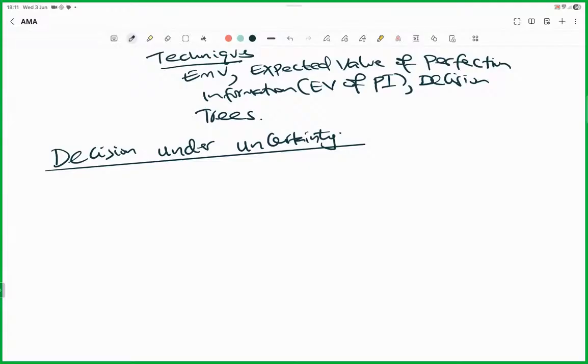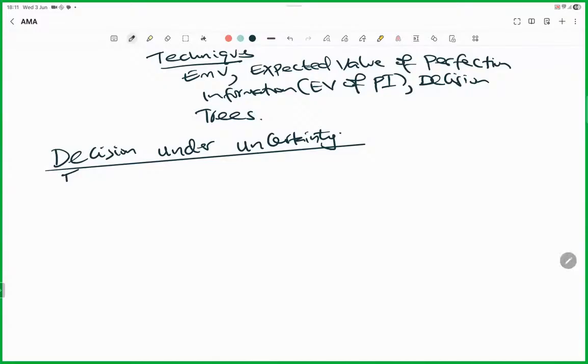All right. Decisions under uncertainty. We have just begun, like half a page of notes for today's class.